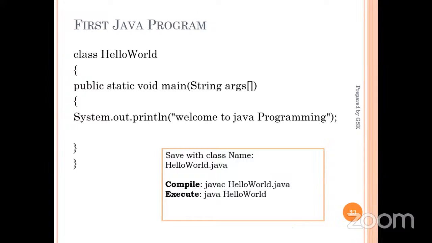Before that, see this. This is a very simple, very basic program in Java, just like the Hello World program or Welcome program. As we covered, first we must start the program with a class. In Java, we should not write any program without the class concept. If you have an idea about C or CPP, in C language, there is no concept of classes.